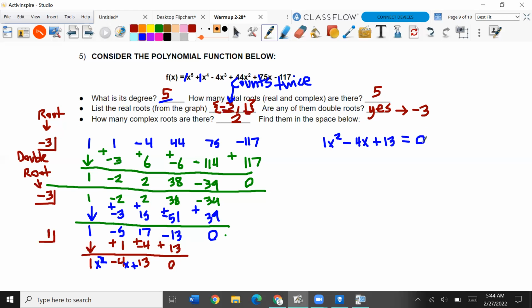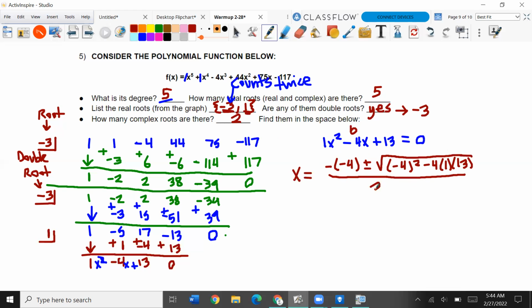So we're going to throw that into the quadratic formula. So the quadratic formula is x equals the opposite of b. Well, b is going to be -4, so opposite of -4, plus or minus the square root of b, so -4 squared, minus 4ac, all divided by 2a.